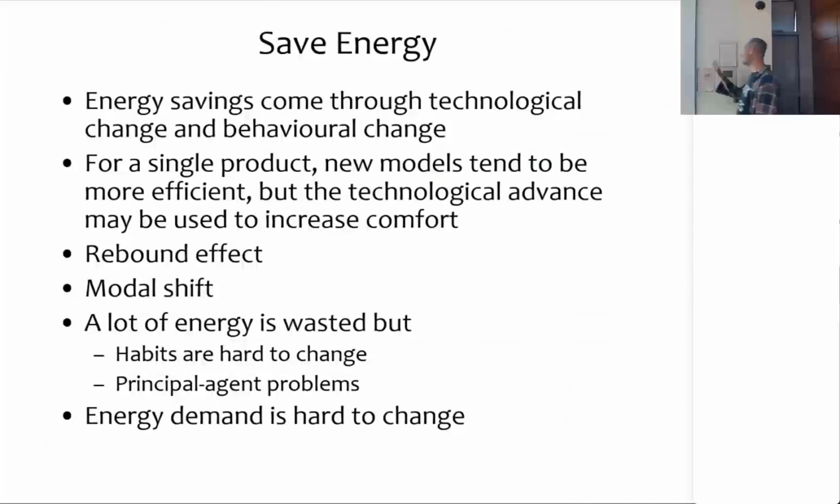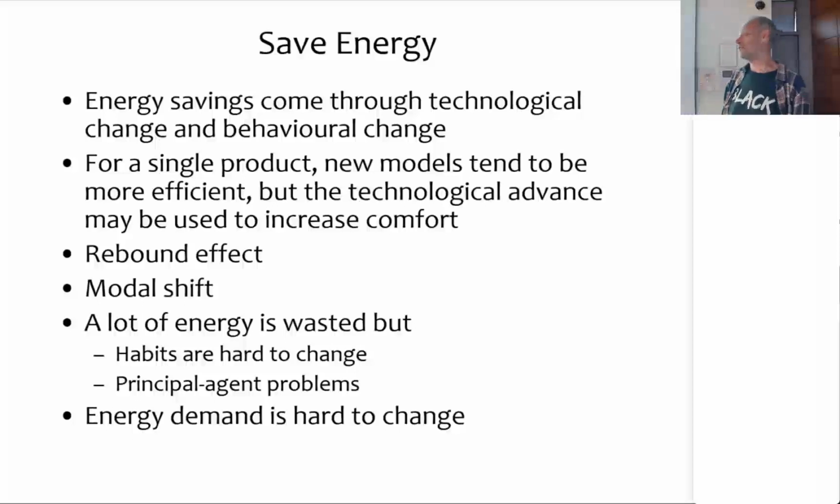The final thing you can do is say use less energy. So for those of you who have seen An Inconvenient Truth by Al Gore, it ends with you should put on a sweater, right? And that is Al Gore's solution to the climate problem. Wear a sweater when it's cold rather than turn up the heating. That is a hard message to sell, right?